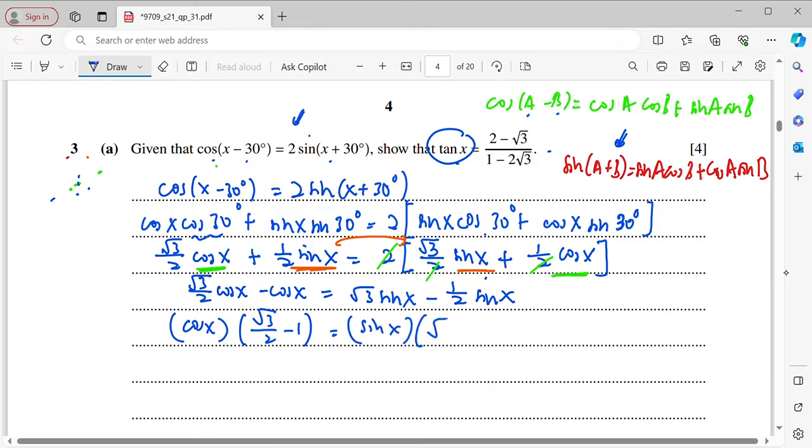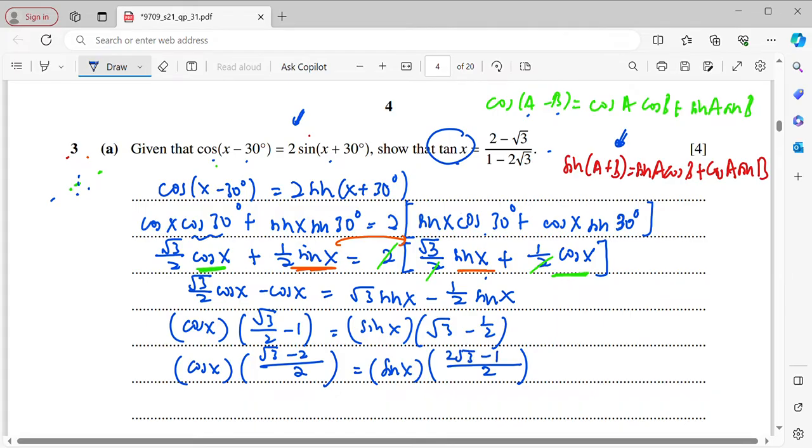Then I will get square root 3 minus half. Then I will get the same denominator for both. So cos x times, make it over 2. Then I will get square root 3 minus 2. Then for the right hand side, it will be sine x, then you make it over 2 as well. Then I will get 2 square root 3 minus 1.